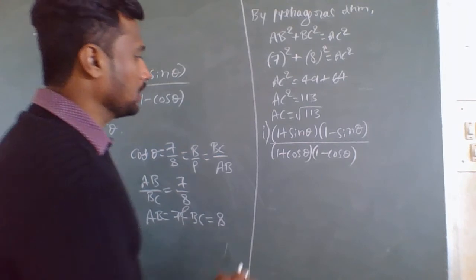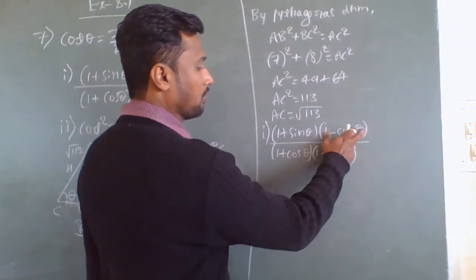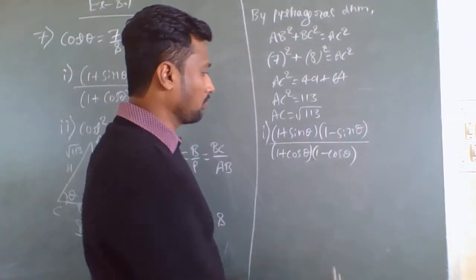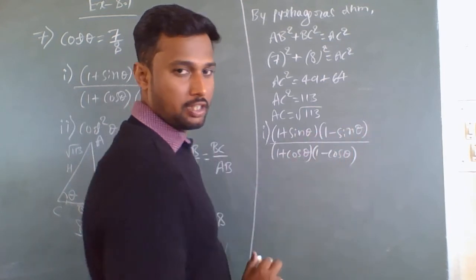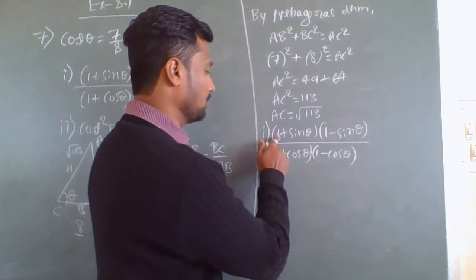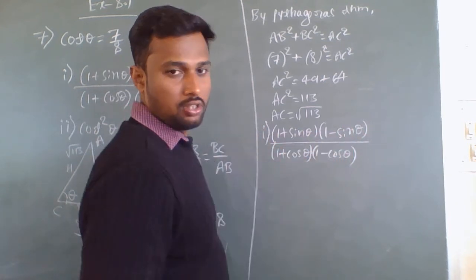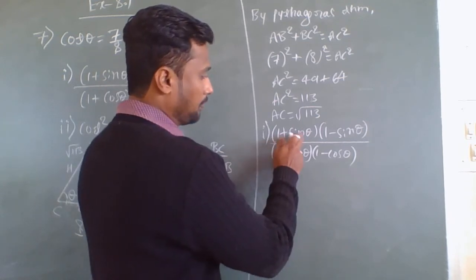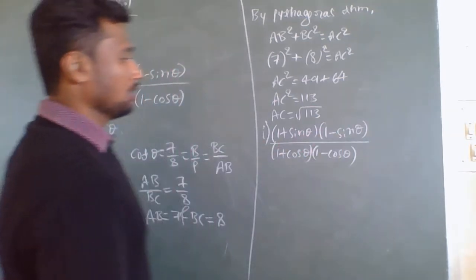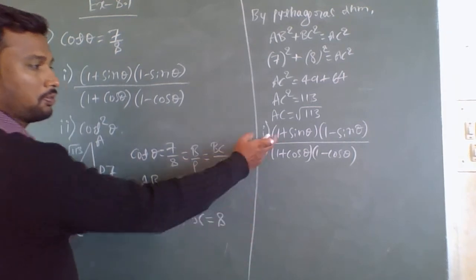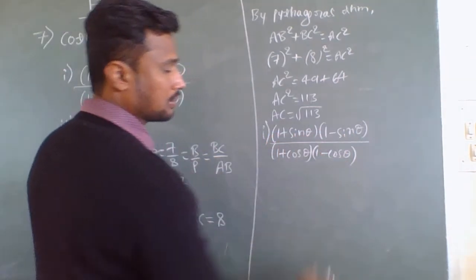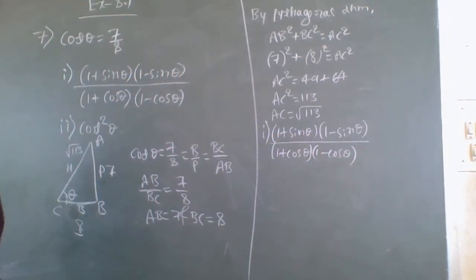Now you can see 1 plus sin theta and 1 minus sin theta are in the form of a plus b and a minus b. Here a value is 1 and b value is sin theta.